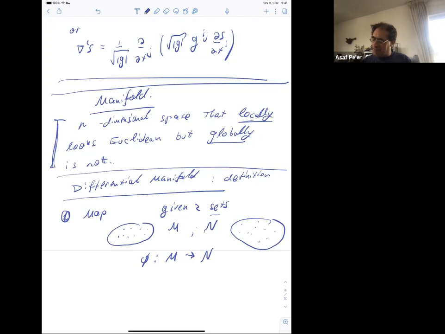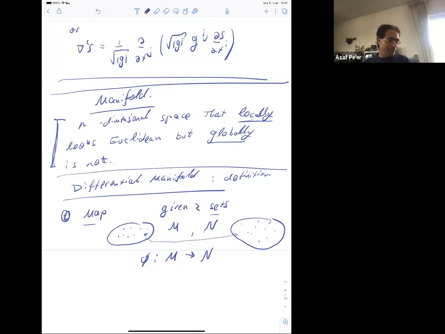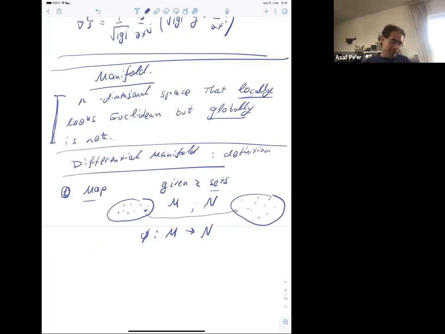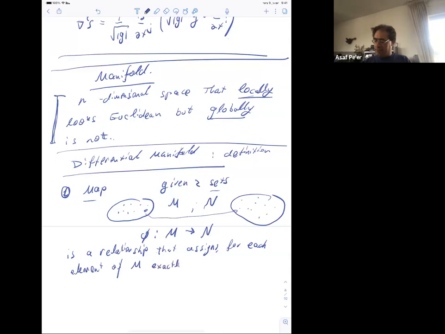A map, what we call a function, is a relationship that assigns for each element of M exactly one element of N.